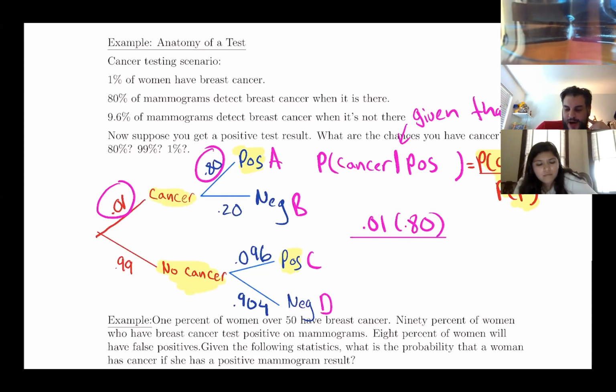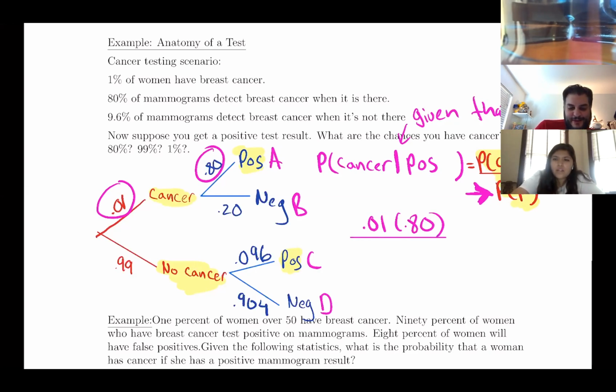Up next, in the bottom we want the probability that they get a positive test result. So how many different ways can I get a positive test result based off of this tree diagram? Is there only one that gives me a positive test result, or are there multiple branches? Multiple. Which ones?